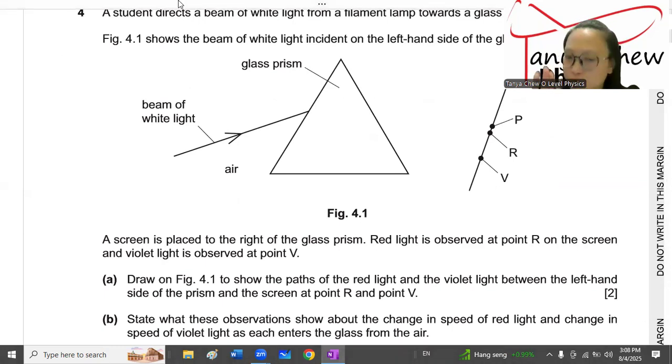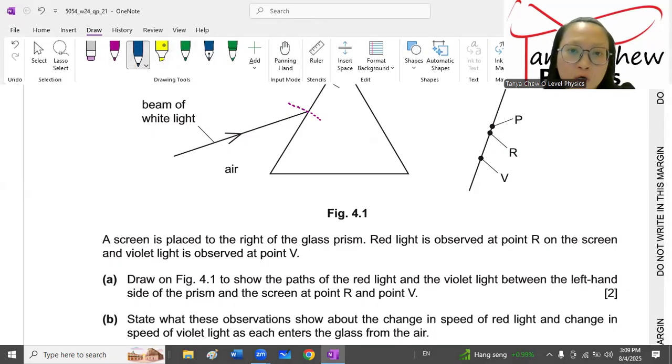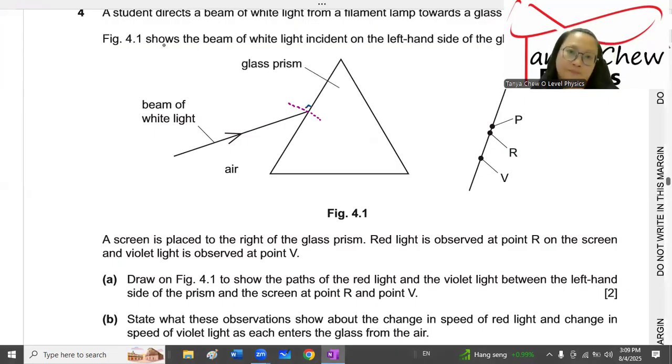Now, before you draw, this is a glass prism and the light travel from air to prism. That means from less dense medium to denser medium. So you need to, first step, before you draw, make sure that you draw a normal. Okay, a normal line right here. A normal is an imaginary line which is perpendicular to the surface of the prism.